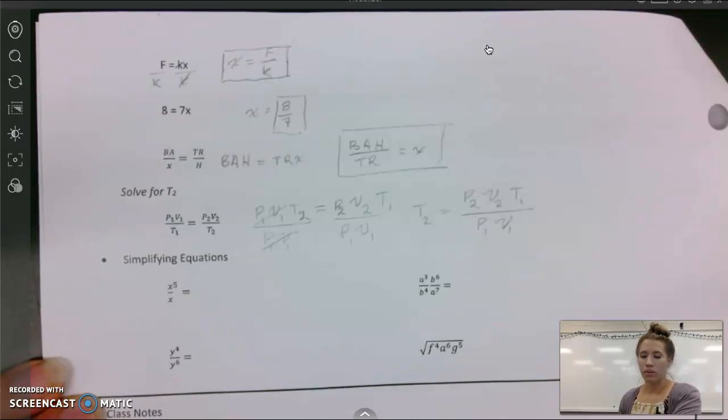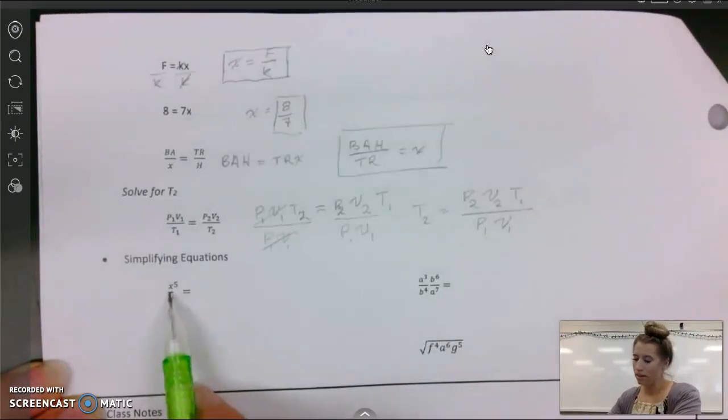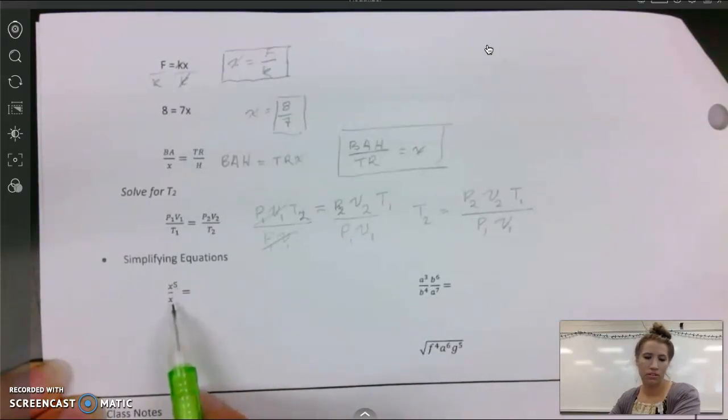Now, what if we're working with powers or exponents, and what do we do? So here's the way that this would work here. We have x to the 5th, and then we have x to the 1, right? And so those values can cancel.